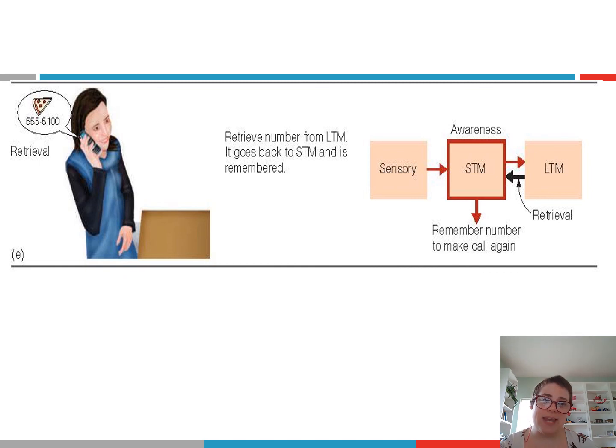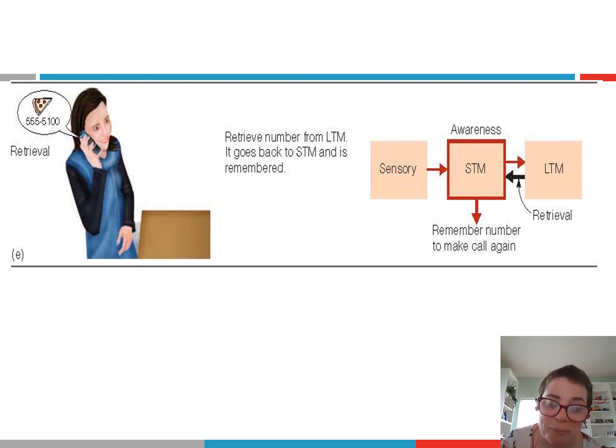And then the next time she wants to order pizza, she's going to successfully retrieve the number from long-term memory, and it's going to go back into short-term memory because, again, her attention is now focused on the information, which is going to keep it registered in short-term memory, and she's going to dial the number, right?